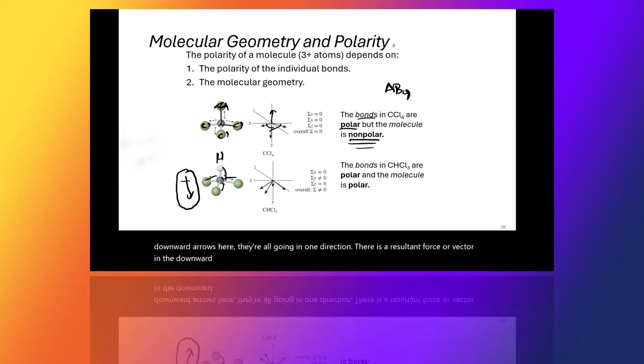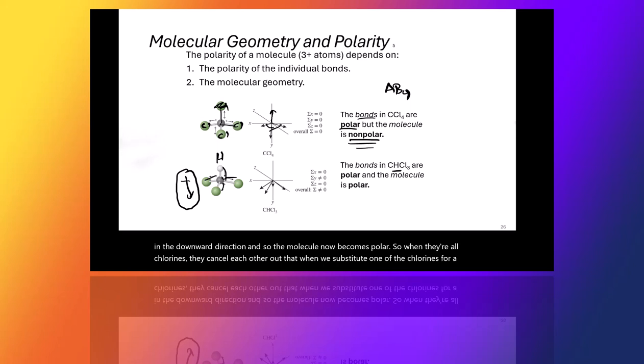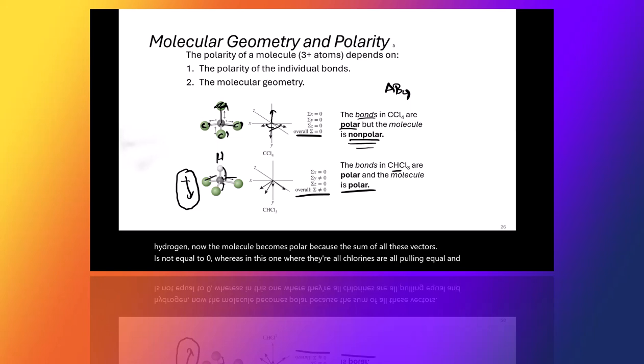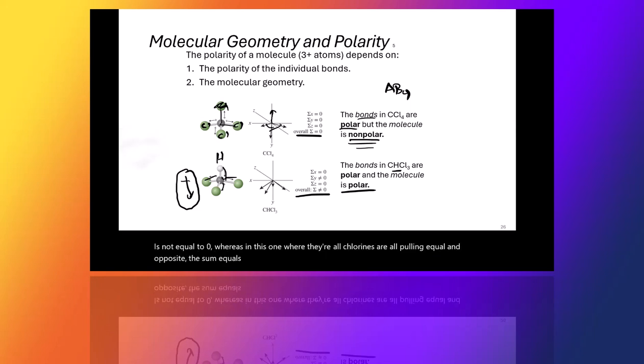And so the molecule now becomes polar. So when they're all chlorines, they cancel each other out. But when we substitute one of the chlorines for a hydrogen, now the molecule becomes polar because the sum of all these vectors is not equal to 0. Whereas in this one, where they're all chlorines, they're all pulling equal and opposite, the sum equals 0, and that is a nonpolar molecule.